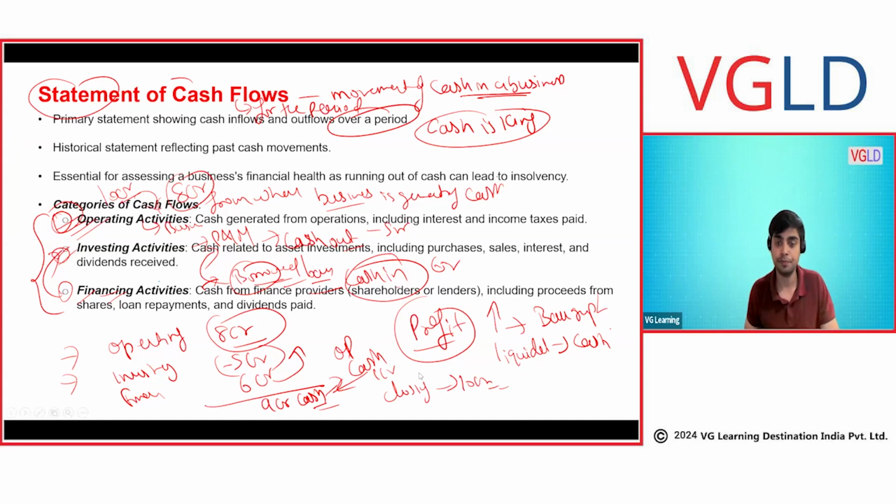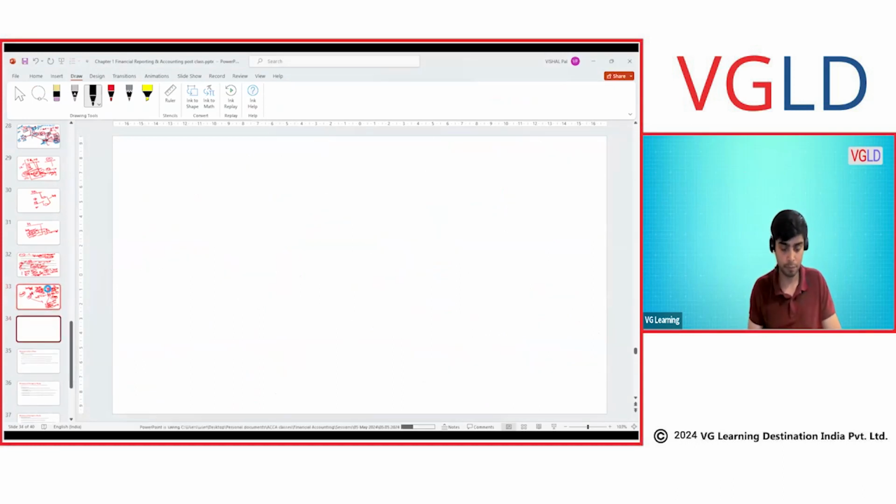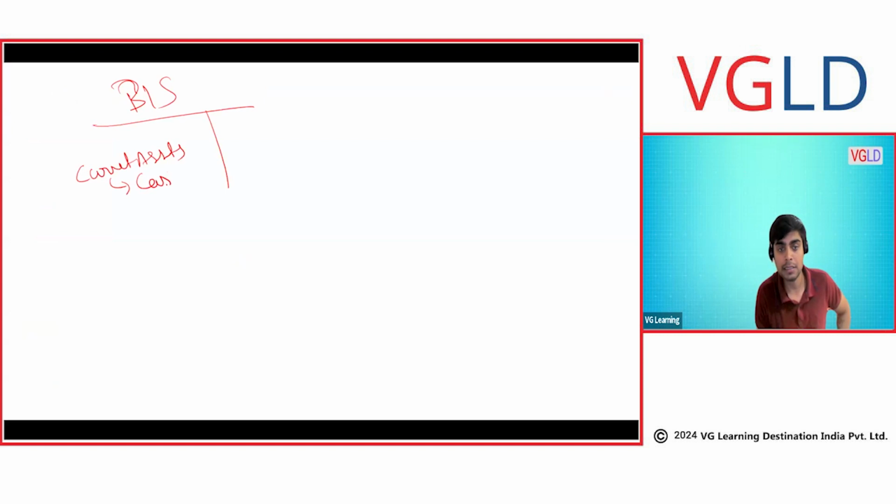Let me just show you. Please bear with me. Let's say in the balance sheet, I have cash of 10 crore as on year end.